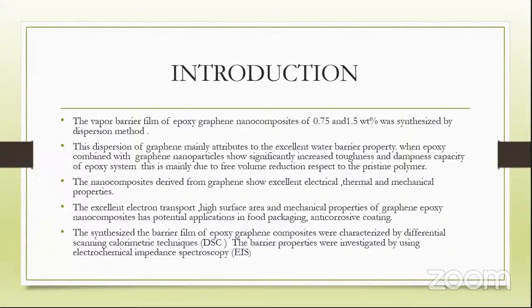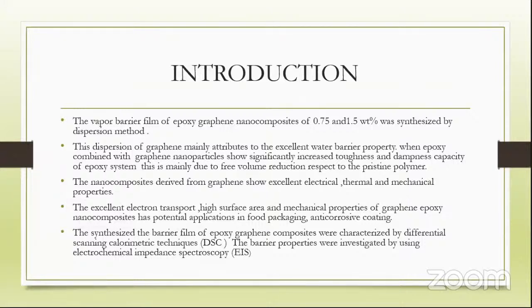This dispersion method attributes to the excellent water barrier property, which significantly increases the toughness and dampness of the epoxy system due to the reduction in free volume with respect to the pristine polymer. And these graphene nanocomposites have excellent electrical, thermal, and mechanical properties. The electron transport, high surface area, and mechanical properties of graphene nanocomposites have wide potential applications in food packaging as well as in anti-corrosive coating properties.